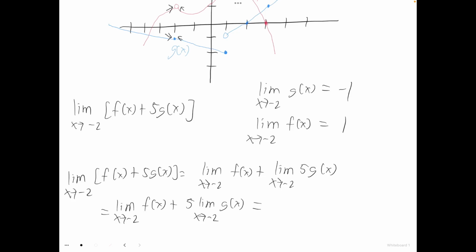Now plugging these in, f of x goes towards 1, and g of x goes towards minus 1, so we get 1 plus 5 times minus 1, which is 1 minus 5.